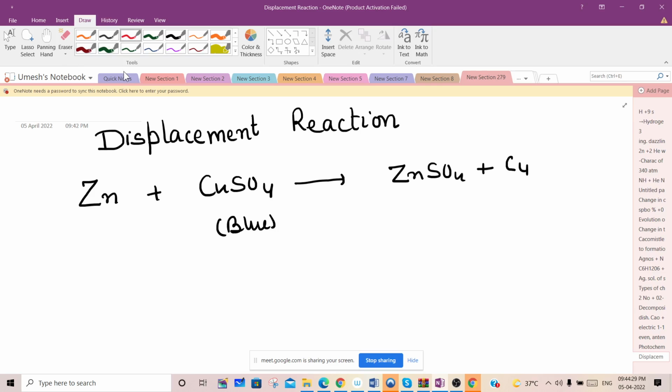Takes the position of another element in a compound is called displacement reaction.